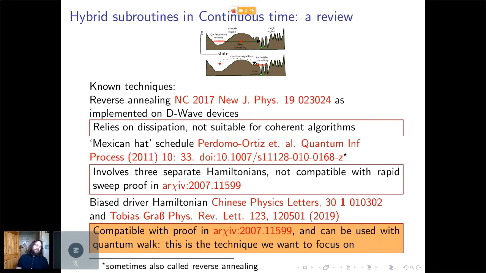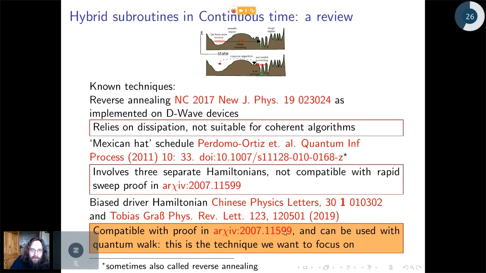Your ground state, because they're effectively decoupled spins, is your driver. You just rotate your ground state along with them, so the ground state's still easy to prepare. And this is compatible with our proof. So this is the technique you'd want to focus on, at least for closed system dynamics, where you want to actually show you can reduce the energy.